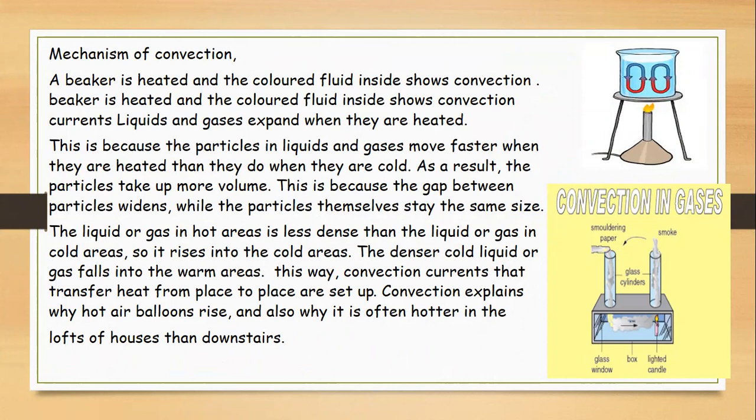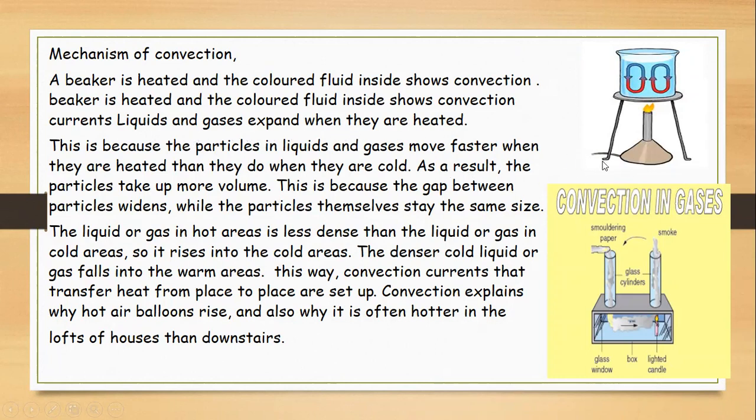So what is the mechanism of convection? When the beaker is heated, you can see some sort of color like potassium permanganate can be placed in it. So you can actually see the convection current in water. The colored fluid inside shows convection. The beaker is heated. The colored fluid inside shows convection, and the liquid and gases expand when they are heated.